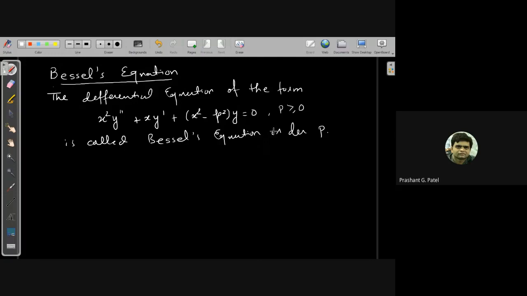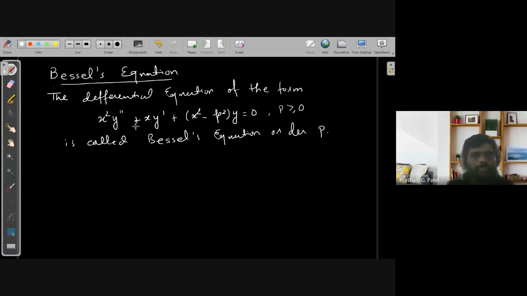So this is known as a Bessel's equation of order p, where the value of p is positive.